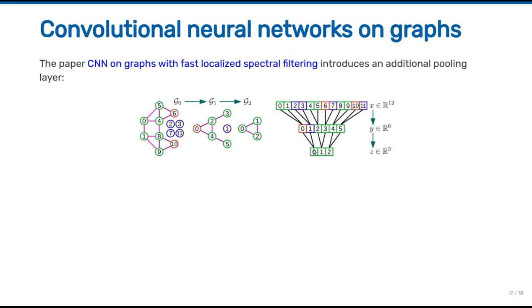At the end, you will obtain for this node 0 the maximum of exactly the first 4 digits, because these are dummy values that will not contribute to the max. This value here will be the max of 4, 5, and 6. The dummy value will not count. And this value will be the max of 8, 9, and 10, because this dummy value will not count. So you see that there is no parameter to be learned in the max pooling layer.